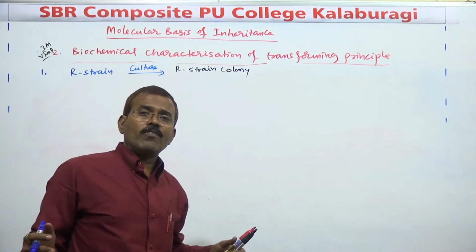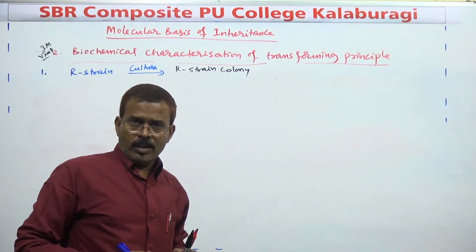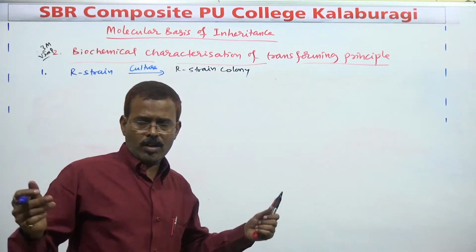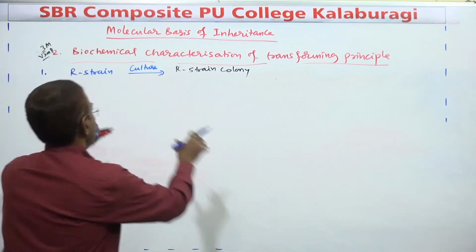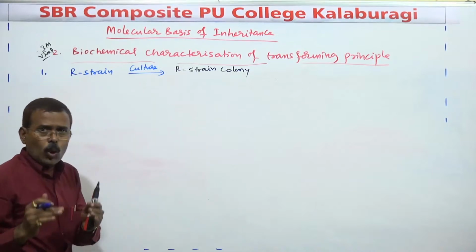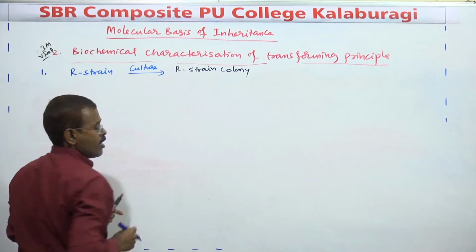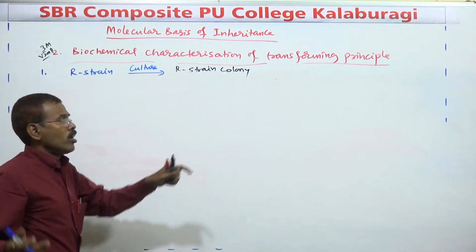It produces rough and dull colonies. The rough strain does not possess any capsule, the mucus coat composed of polysaccharide.